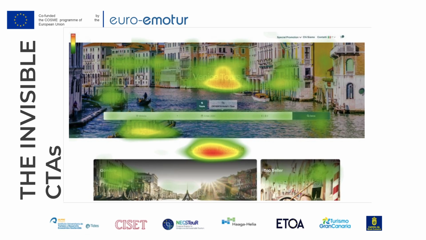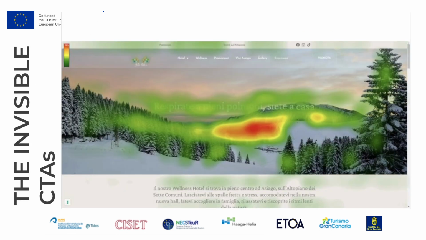So basically the call to action has not been seen in this phase. Same problem here, in this case we have a hospitality business. Again, we have the red color on the value proposition and on the picture at the center of the homepage.